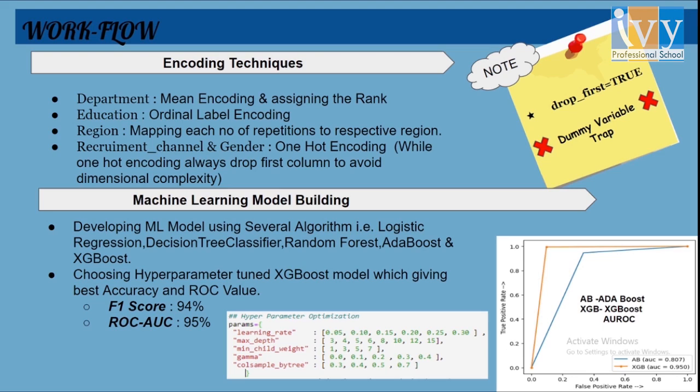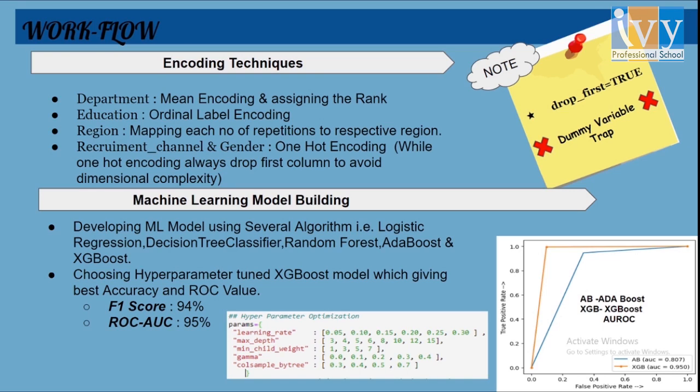When you drop the first column, suppose you drop gender male, then in the gender female column, whenever the model finds 0, it takes it as gender male, and whenever the model gets 1 in the gender female column, it considers it as gender female. This way, we avoid the dummy variable trap, and by avoiding the dummy variable trap, we can avoid dimensional complexity.